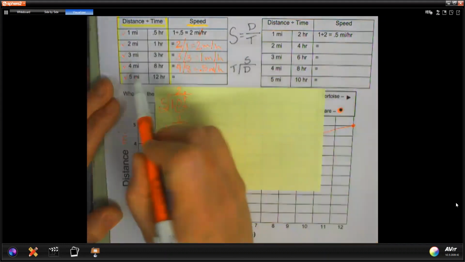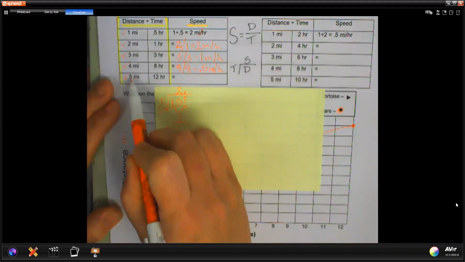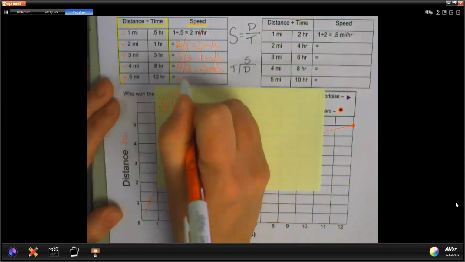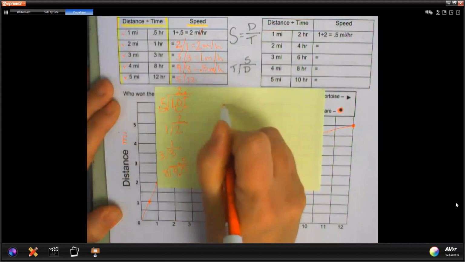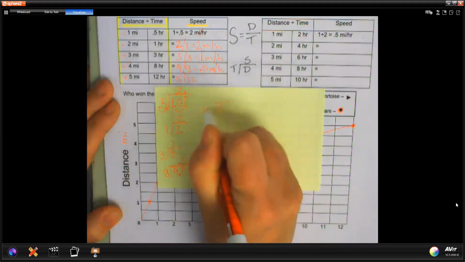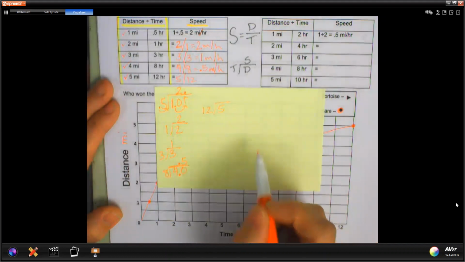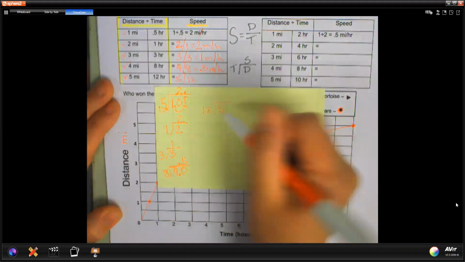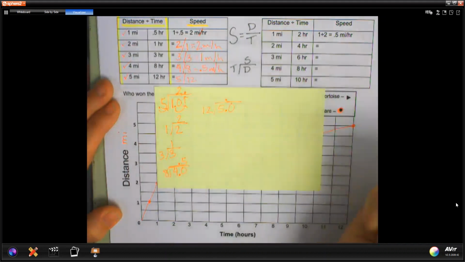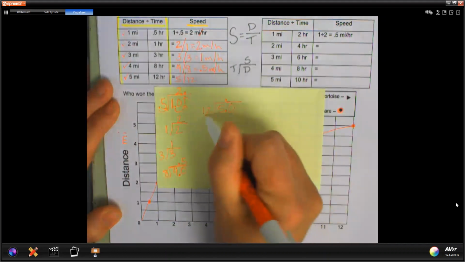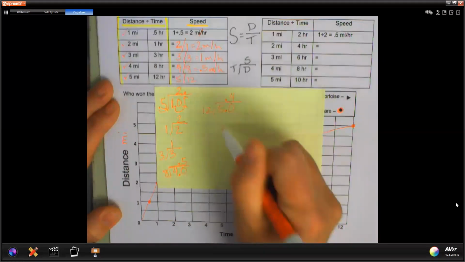And then our last one, we have our distance of 5 miles divided by our time of 12 hours. And just like the last one, when we write this out, we cannot immediately start dividing. We have to put a decimal so that we can then have a 0 at the end. 12 goes into 50 4 times.